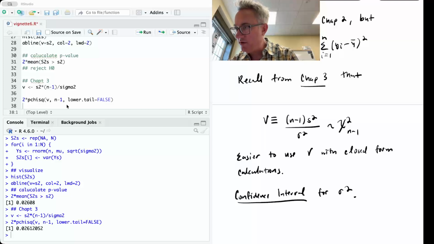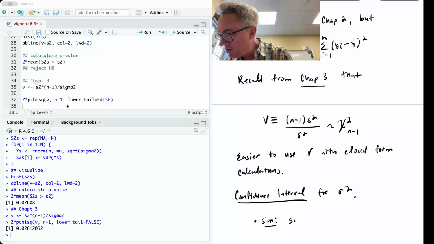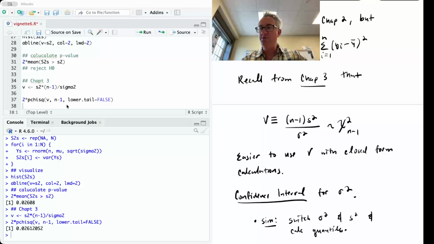If you're doing a sim, you can switch sigma squared and s squared in the code and then calculate quantiles. I'm actually not going to do that right now because I've left that for you in the book as a homework exercise and I don't want to give it away.